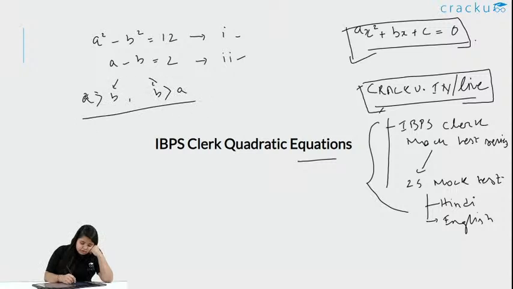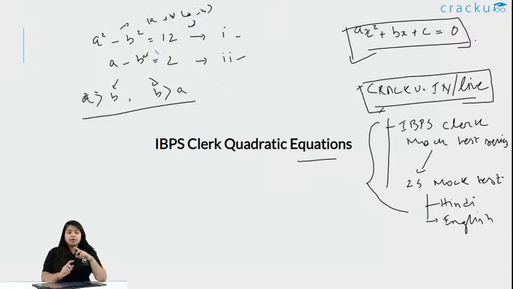There are generally 5 options in the exam. I am just giving you 2 options. So, what is the solution of this question? You can go the authentic way, that is a plus b into a minus b, then replace this value and get the answer. But there is one simple way to solve this problem. You can say a minus b is equal to 2.